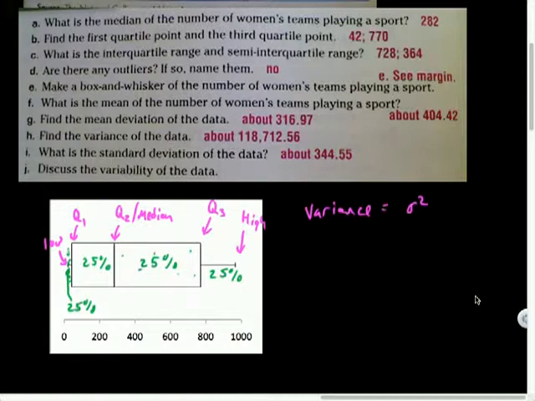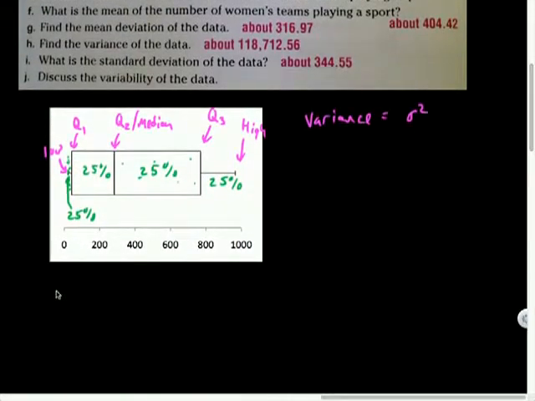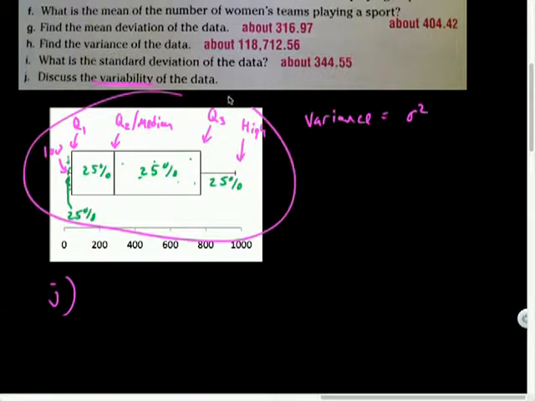So after looking at all of those values, J says discuss the variability of the data. So to analyze the variability, the Box-and-Whisker plot's a good point, mean deviation's a good point to look at, and standard deviation's a good thing to look at, right? And variance, in effect, also discusses the variability of the data.